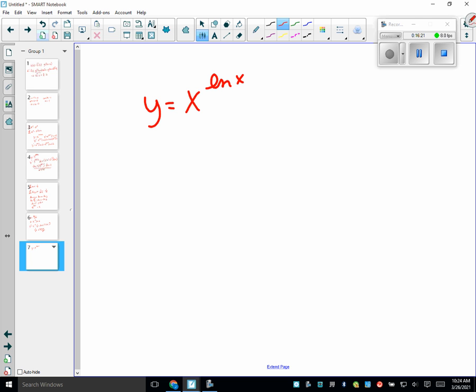The easiest way to do it is to ln both sides. Aren't we allowed to do that? And that's because we have an exponent and we can get rid of it. So ln of y equals ln of x times ln of x.